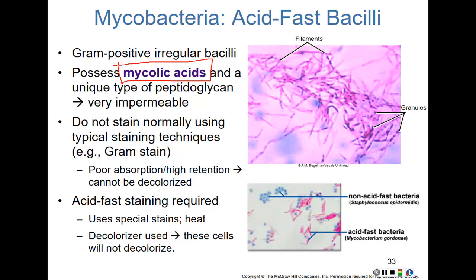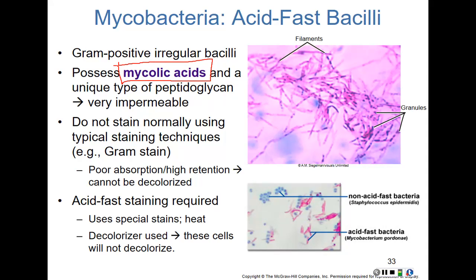So it has that thick peptidoglycan layer, but that membrane is intermixed with mycolic acids. So it doesn't allow it to be stained properly. So you use acid-fast staining to work with this. And we talked about that in lab.